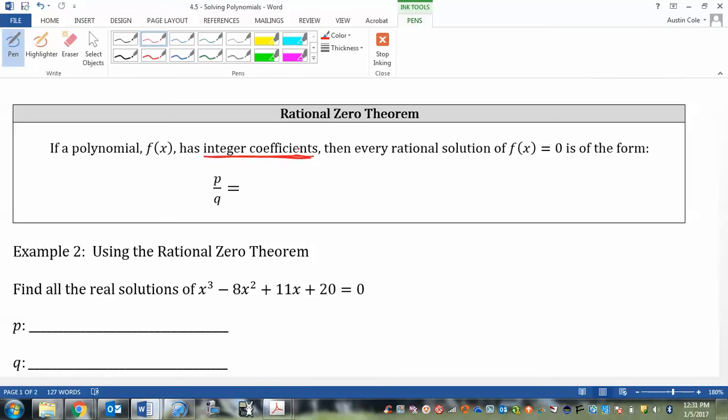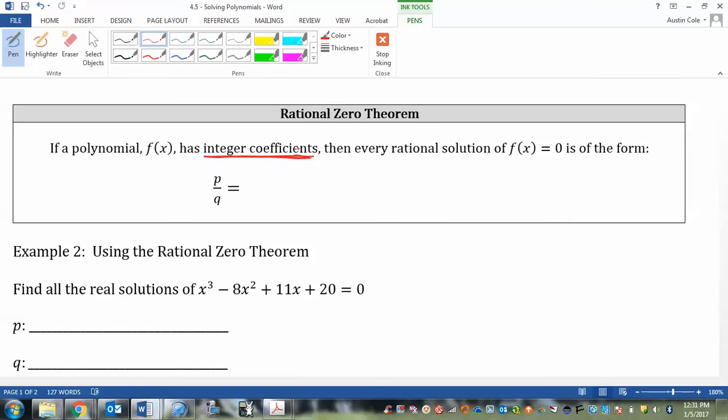What's a coefficient? It's in front of our variable. Okay, so a coefficient of 4x is 4. So we need integer, positive or negative whole number coefficients. We can't have 1/2 x. I'm just letting you know, we will always only have integer coefficients.